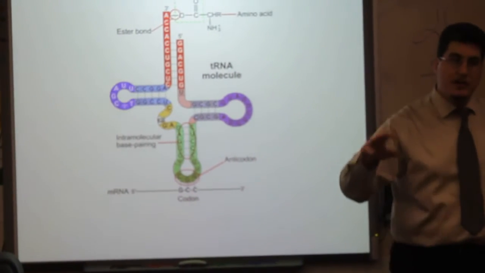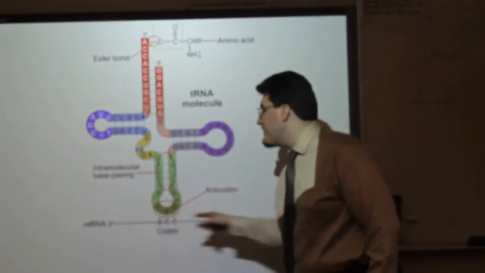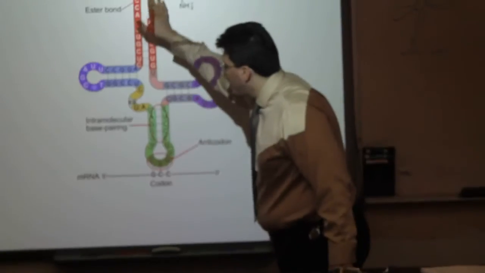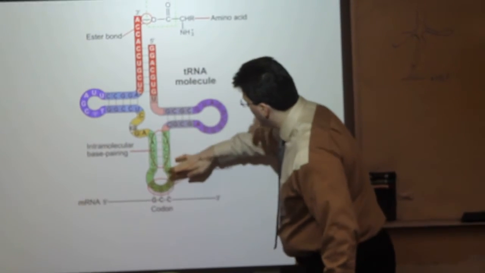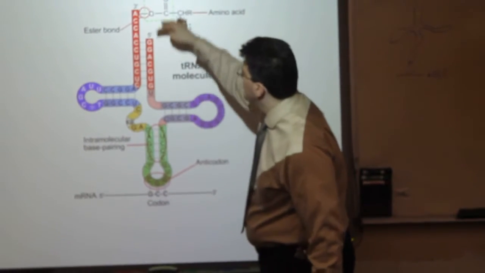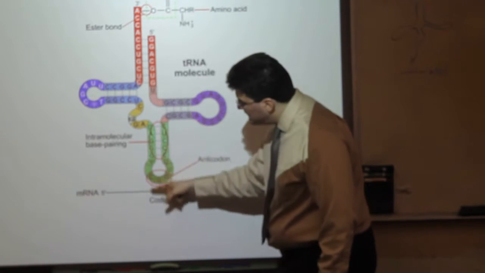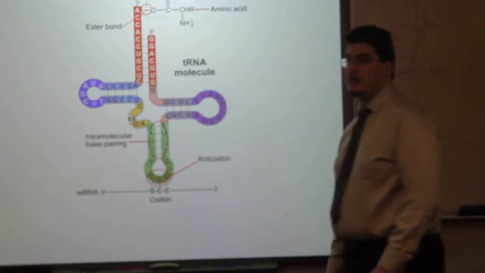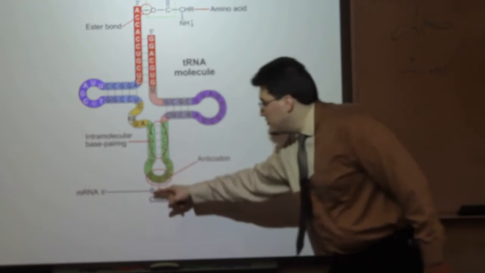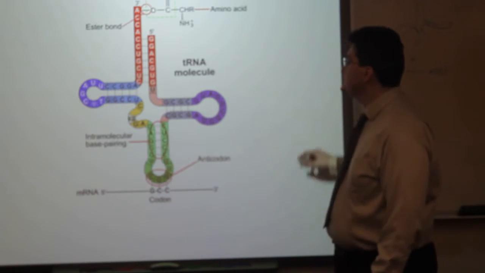A codon is merely a sequence of 3 bases. So our mRNA, 5' to 3', and the anticodon 3' to 5'. Antiparallel, complementary. C to G, G to C, G to C.